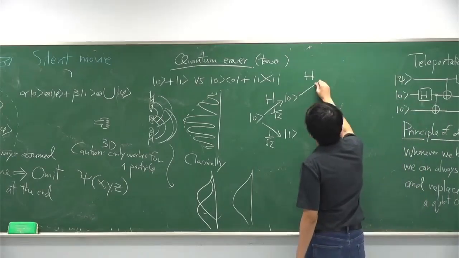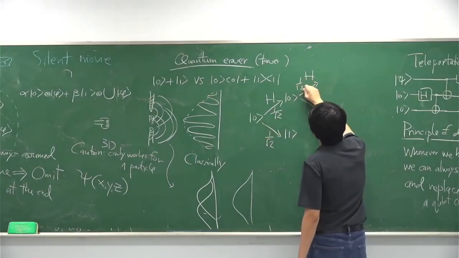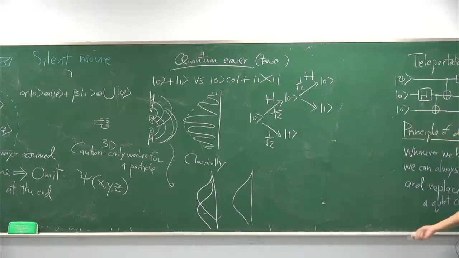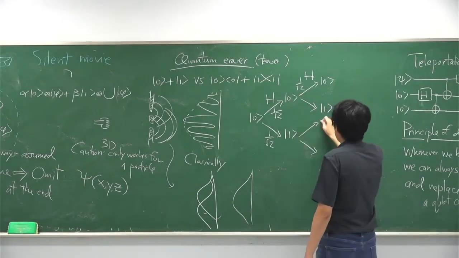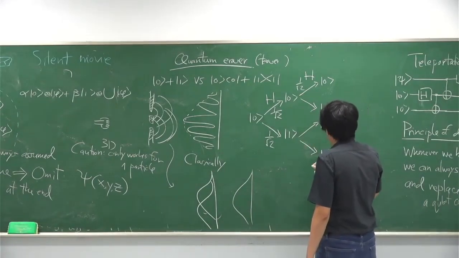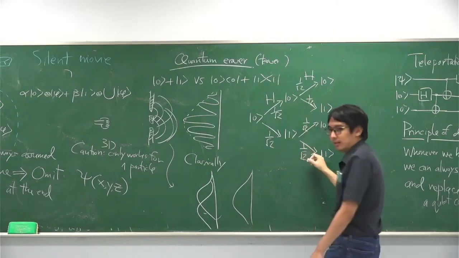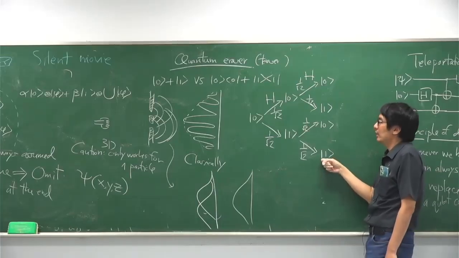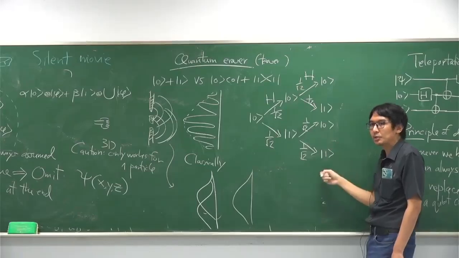But here, using the same rule, this will split into the uniform superposition of 0 and 1. But for the 1 state, I cannot do this, right? This does not split in the same way. Because orthogonal states have to be mapped to orthogonal states also.